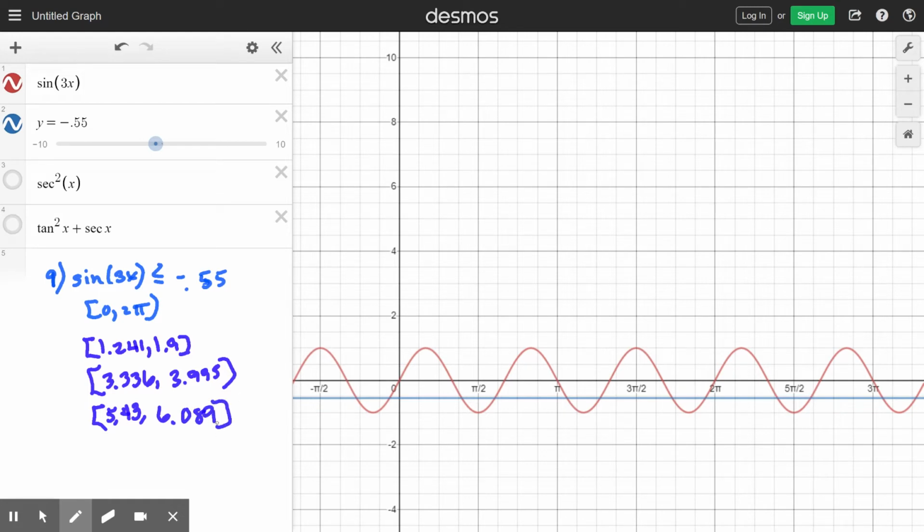Now, I highly, highly recommend doing your trig inequalities with the Desmos. It just makes it a whole lot easier to do it this way, especially when they give you graphs like slide number 4. Okay, so I'm going to hit the rewind button on this. Okay, I'm going to get rid of my solution to number 9 because I'm going to need the room.